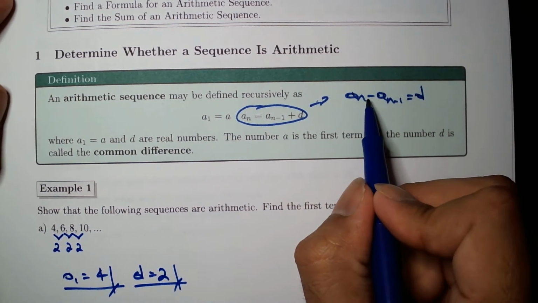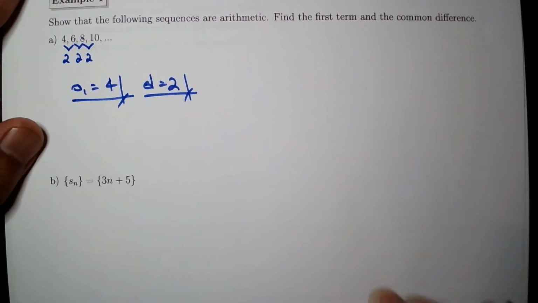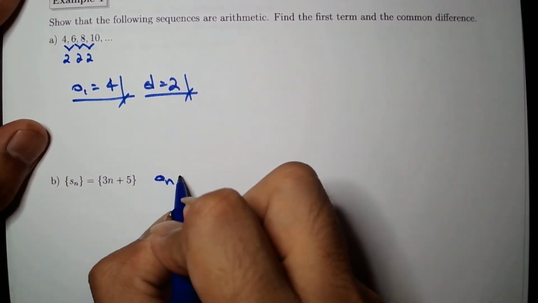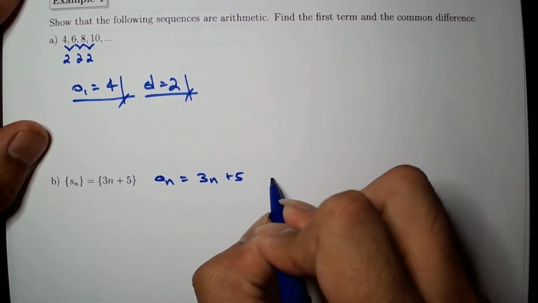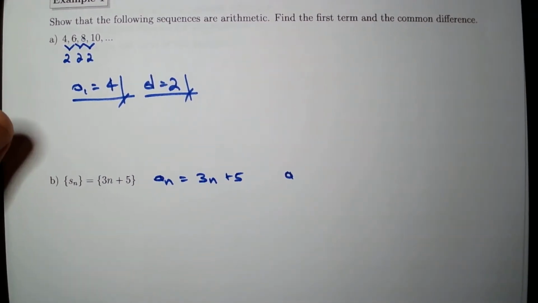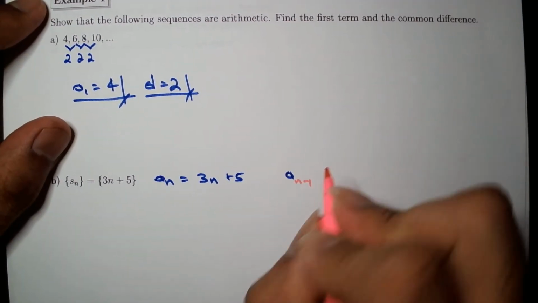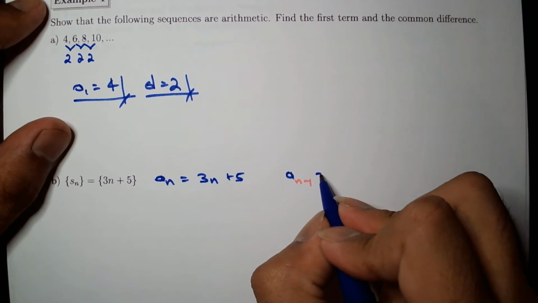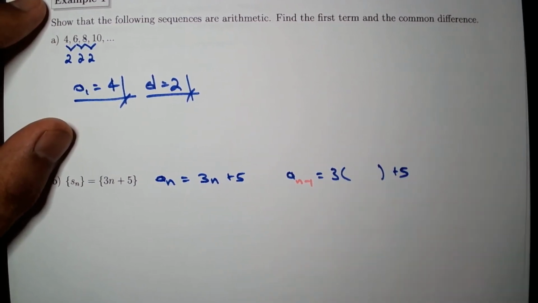So we are going to evaluate a sub n and a sub n minus 1. A sub n equals 3n plus 5. A sub n minus 1 is going to be 3 times n minus 1, plus 5.